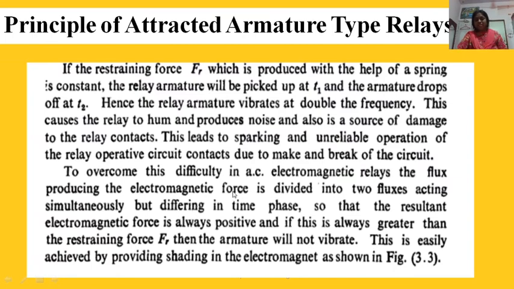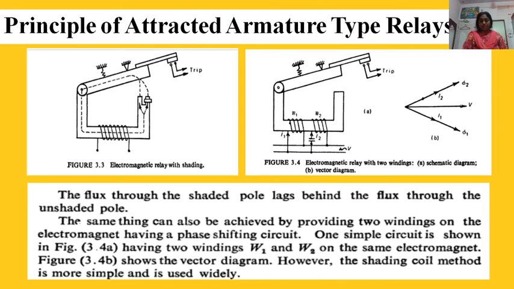To overcome this difficulty in the AC electromagnetic relay, the flux producing the electromagnetic force is divided into two fluxes acting simultaneously but differing in time phase, so that the resultant electromagnetic force is always positive. If this is greater than the restraining force, then the armature will operate and the relay will give a tripping signal to the circuit breaker.